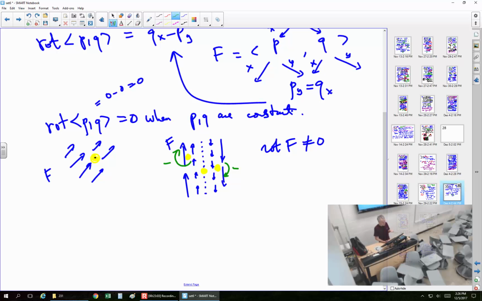Another tricky part I wanted to warn you about is that we keep skipping between the force field and the flow field. Even though we're talking about work and force fields, here I jump back to the flow field, but really we're thinking of this flow not as a velocity field, but rather as a force field. So these are still forces.